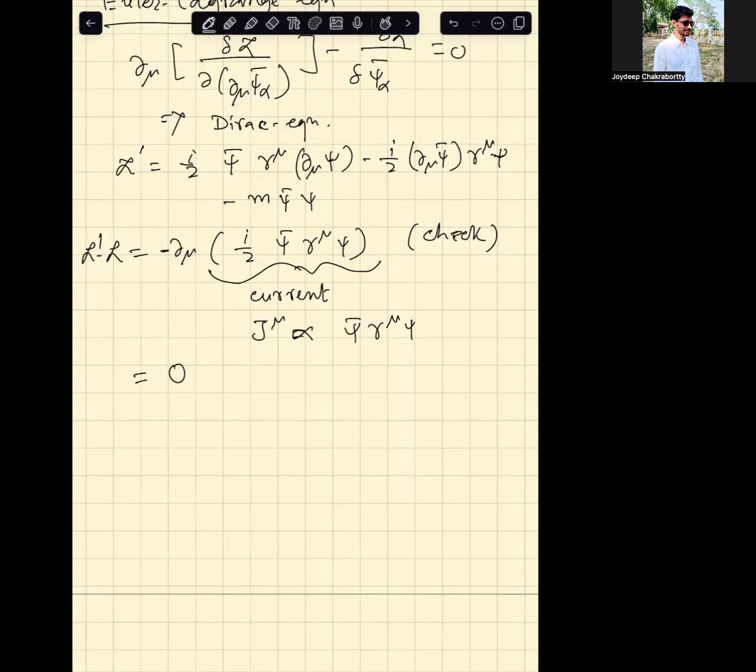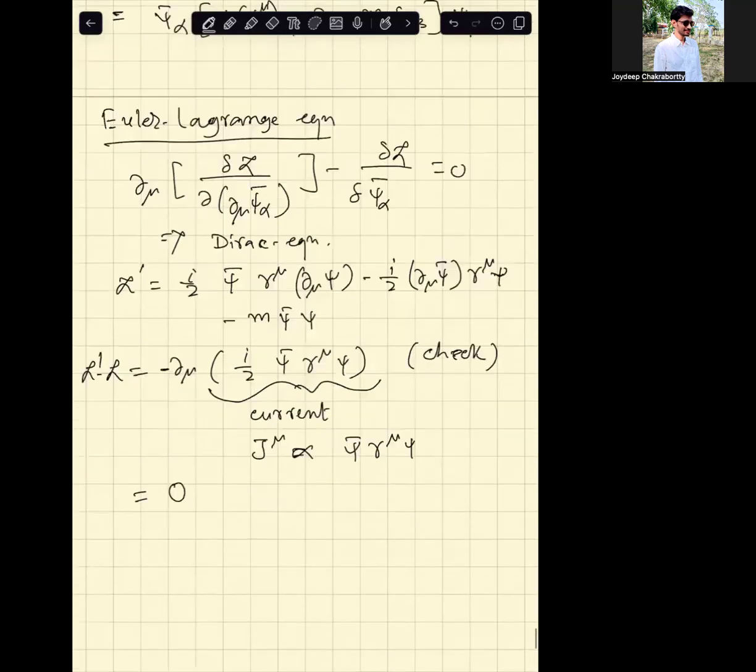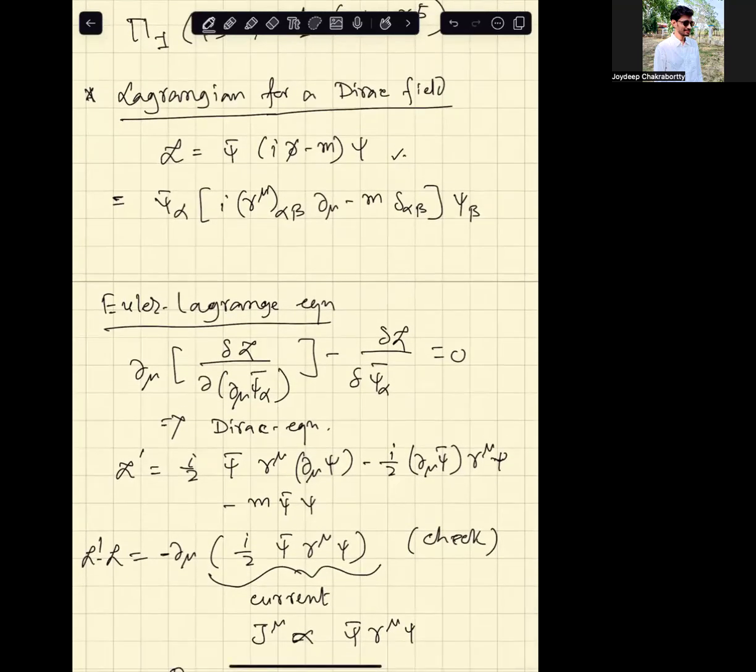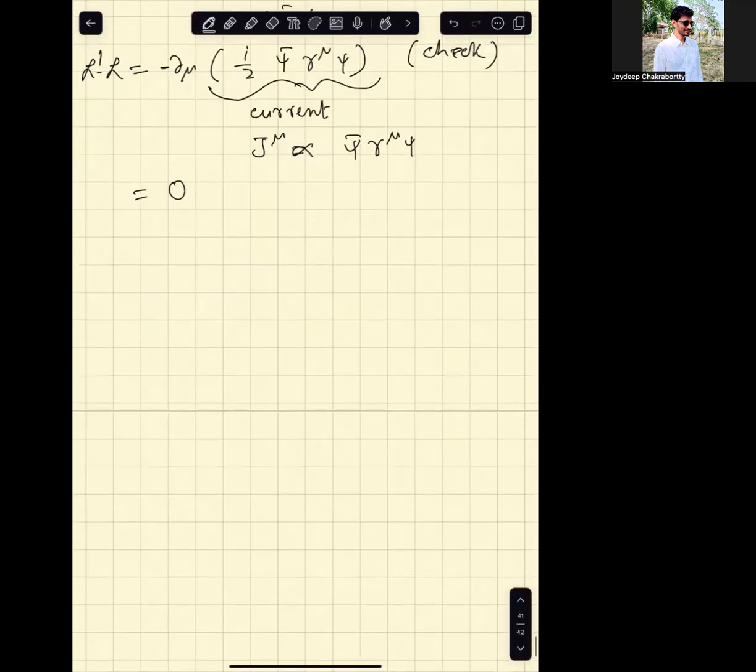So whether you write down the Lagrangian in this particular form or that particular form, they are equivalent. What we learn from here is that if I have a Lagrangian and I modify it by a total derivative term, in such a way that the integration of this total derivative term in the action vanishes at infinity, then a Lagrangian and its total derivative term are equivalent within the framework of field theory that we are working with.